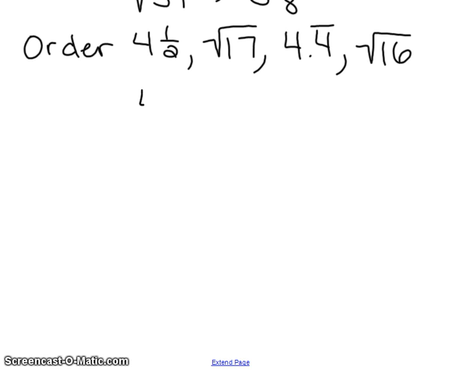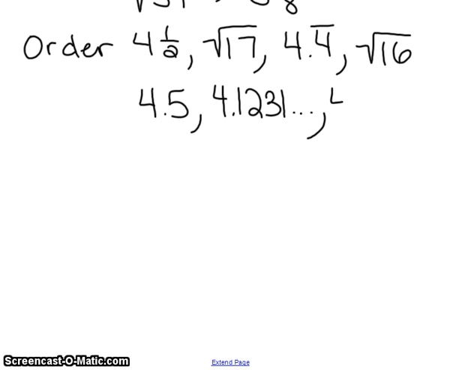So 4 1/2 is obviously just 4.5. The square root of 17, we plug it into our calculator and we get 4.1231... 4.4 repeating is obviously just 4.444, and it would keep going. And the square root of 16 is just 4.